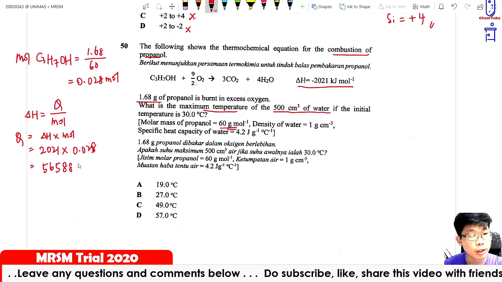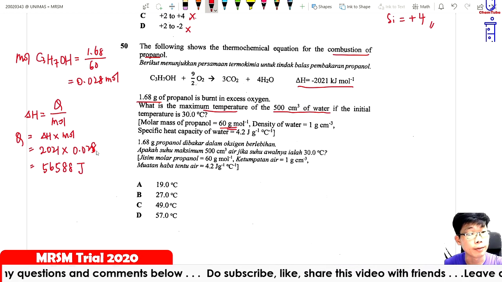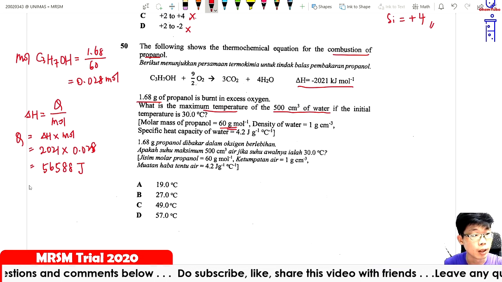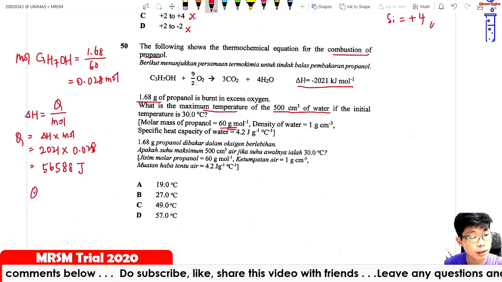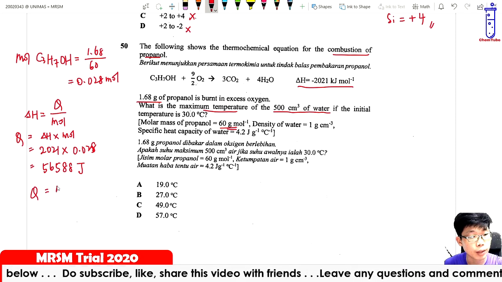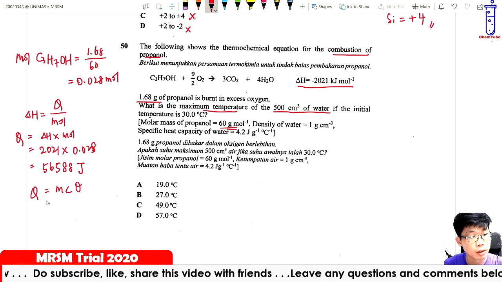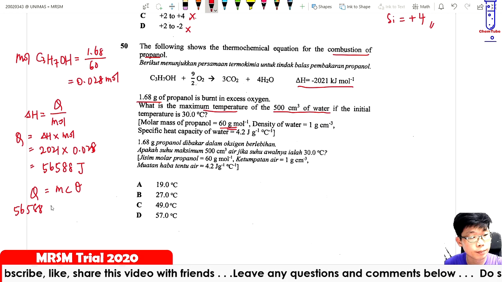We directly change to joule, the one you calculate from here times 1000. So once we get the Q, 56588, it equals to mc theta. So our Q is 56588.